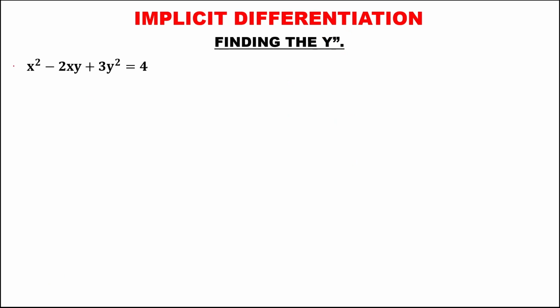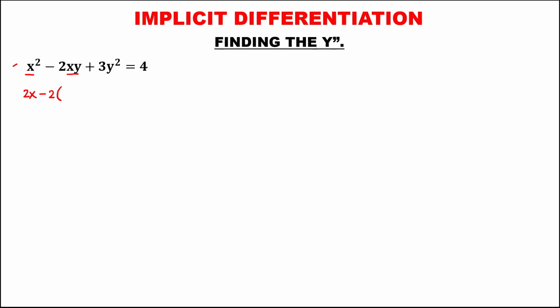So for this given, to find the first derivative, we just need to derive every term. The derivative of x to the power 2 is 2x, then minus 2 times the derivative of x times y.